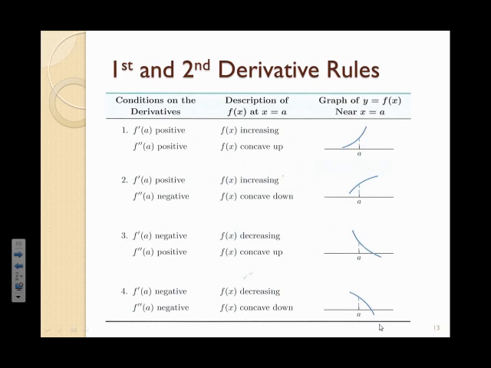So we get the four basic kinds of curves, other than a straight line, which is technically a curve, but we'll just look at the curves that are not straight. So using the first and second derivative rules, we can know how to graph any particular curve.